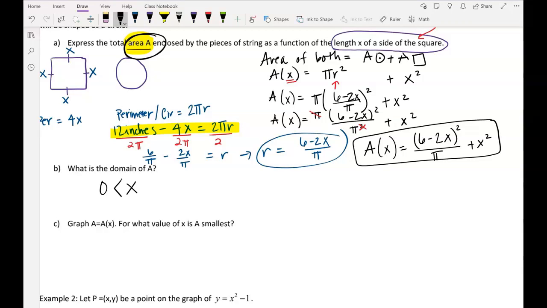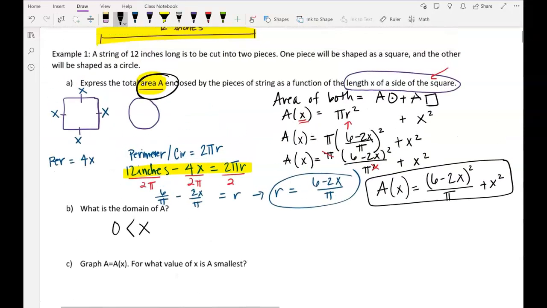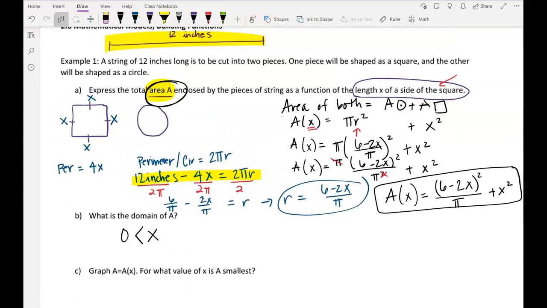Now, what is the biggest length of x? What is the biggest value of x? Okay, then now we have to go back to your string. If you have a string of 12 inches long and you have a square, remember, this is 4 x's, right?